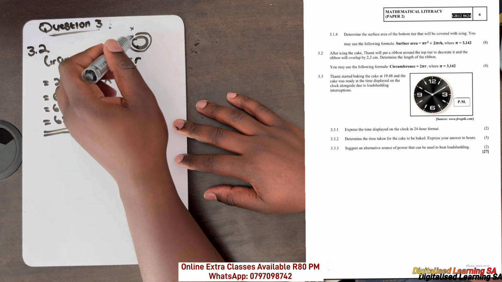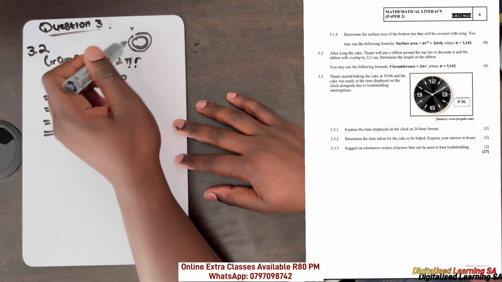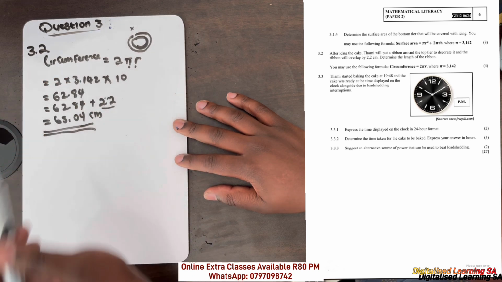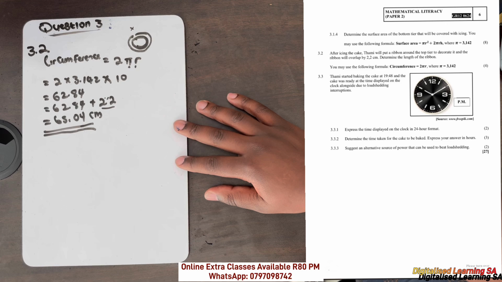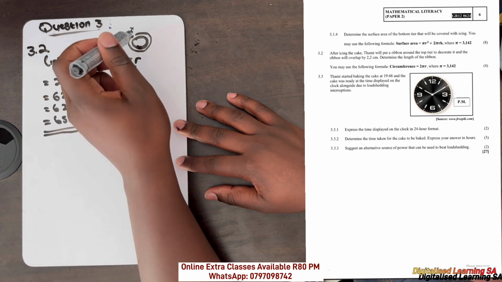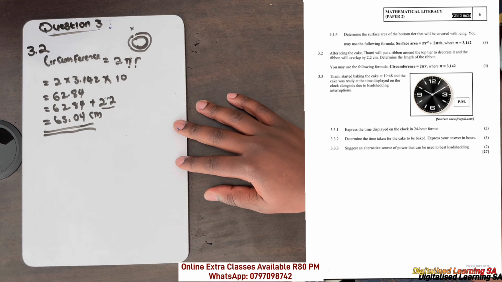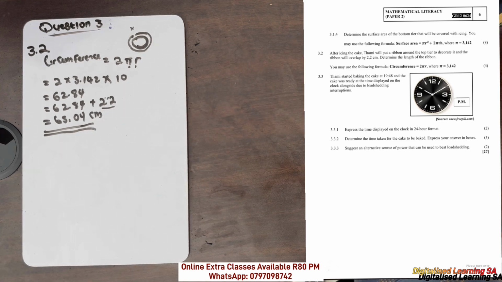So besides it just being around the cake, it has an overlap of 2.2 that we also had to account for, because here we are calculating the total length of our ribbon. So our ribbon had an overlap of 2.2 besides the circumference that we just calculated. That's why we had to add 2.2. So I hope that makes sense.